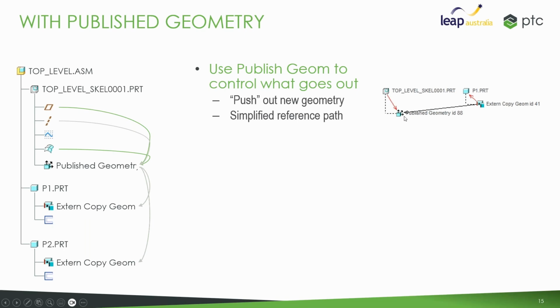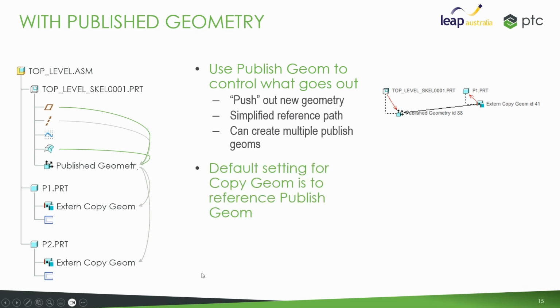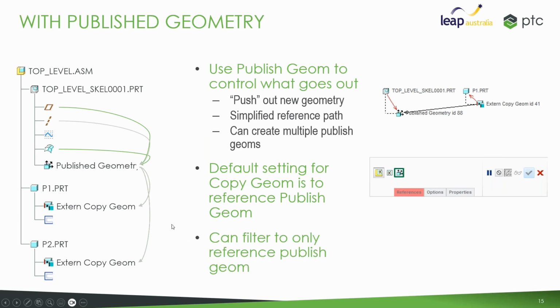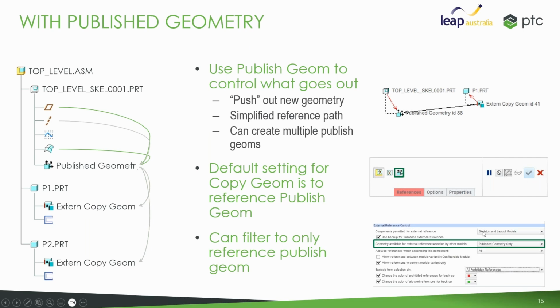So in this case, we've got a part which is referring to a published geometry feature rather than referring to individual features. And yes, we can create multiples there. So this is sort of what it looks like in Creo and so on and so forth. But there are lots of options we can set with respect to how these copy geometries and published geometries work.